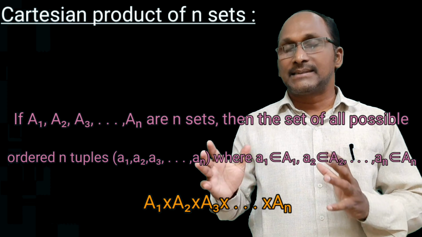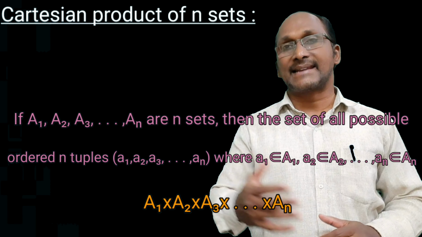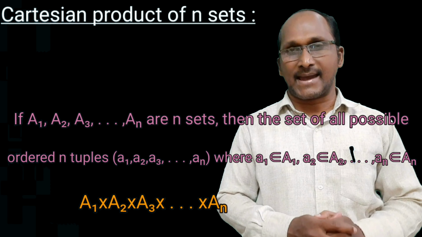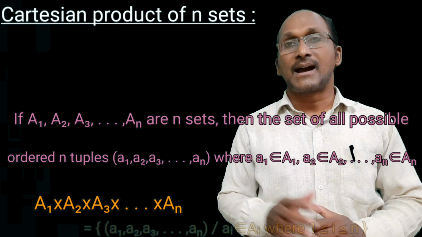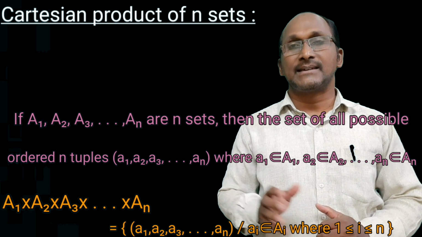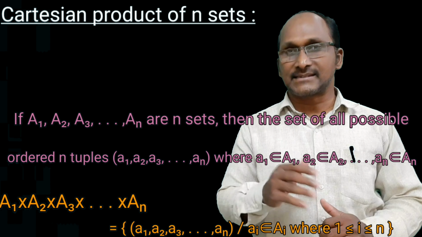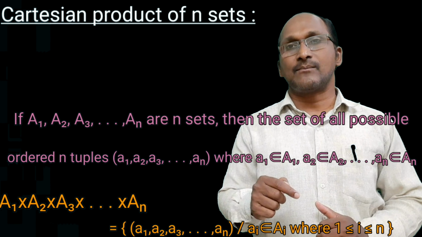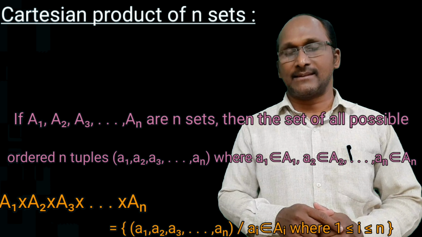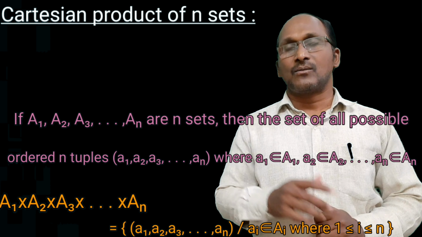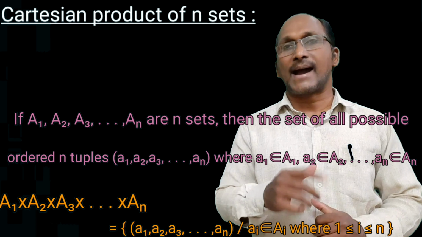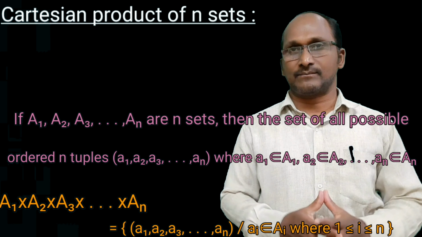Now, this Cartesian product can be described in the set builder form as set of ordered n-tuples (a1, a2, a3 and so on an) such that ai belongs to capital Ai, where 1 is less than or equal to i is less than or equal to n.